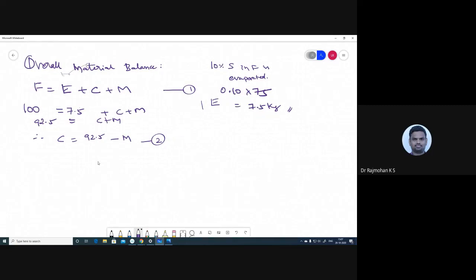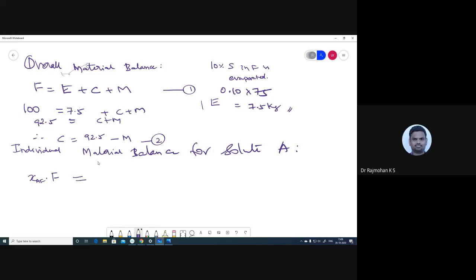Now we will write the individual material balance for solute A. How much is the amount of solute A present in the feed, into the total amount of feed, is equal to... in E it is 0.